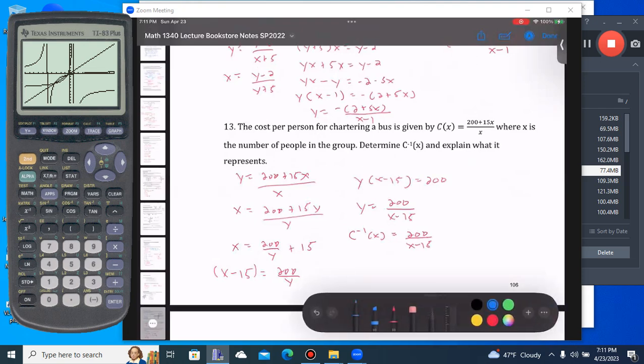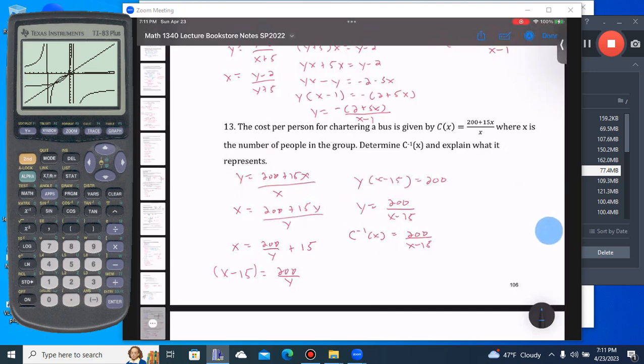So we can check this. 200 plus 15 times 200 over x minus 15, over 200 over x minus 15. If we multiply by this, we flip the fraction to multiply, we get 200 plus 15 times 200 over x minus 15.